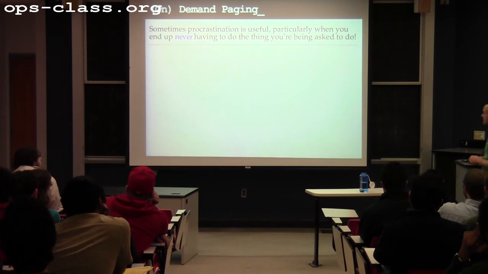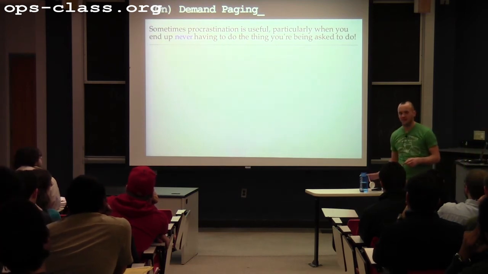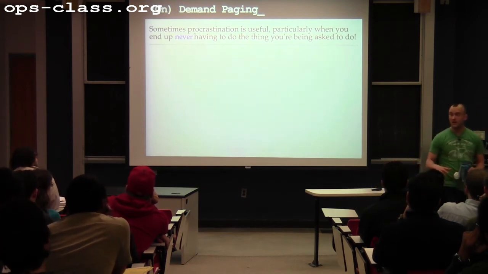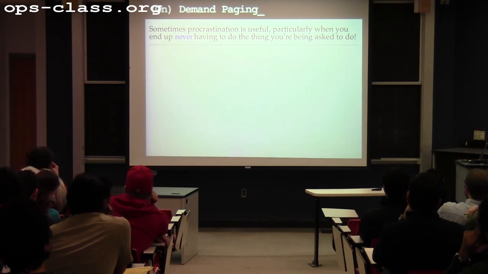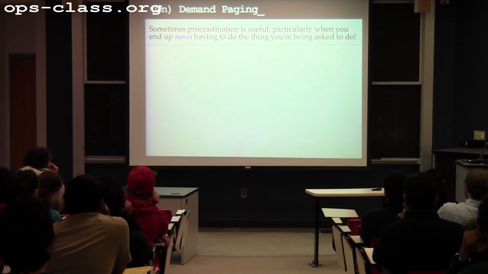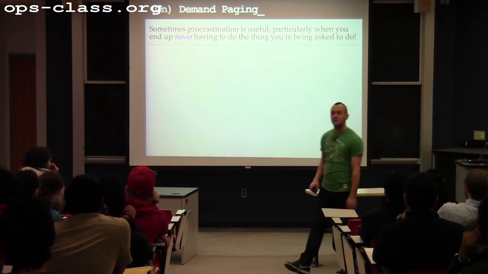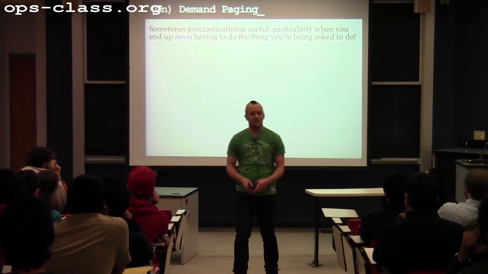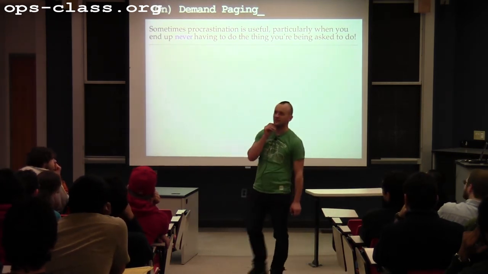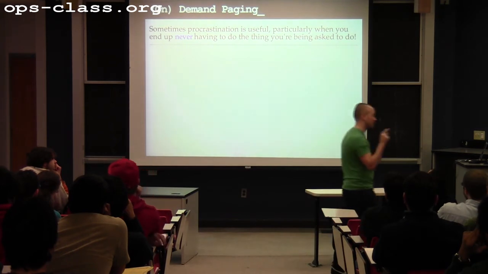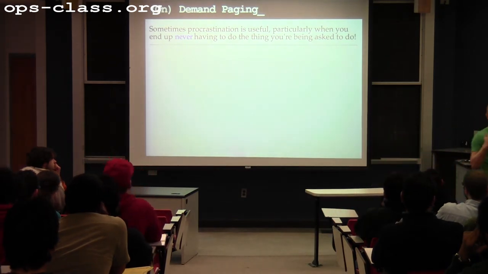So here is another system design principle, all right? Which is that sometimes procrastination can be helpful. Let me distinguish between 2 types of procrastination. There's procrastination about things that you know you're going to have to do, right?